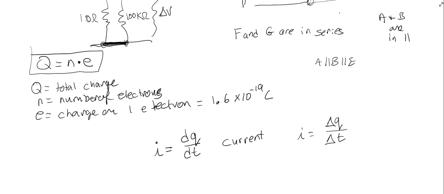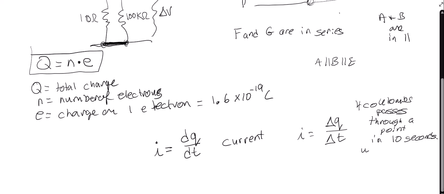So if I said something like 4 coulombs passes through a given point in a wire in 10 seconds, what is the current?